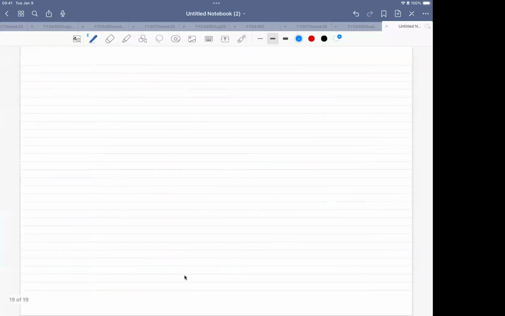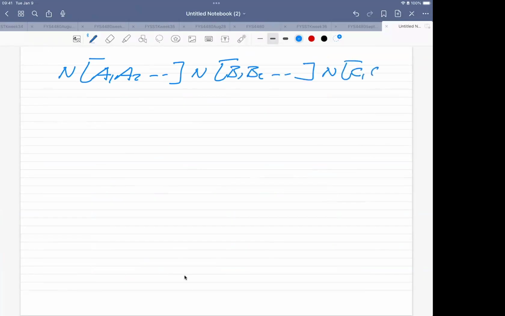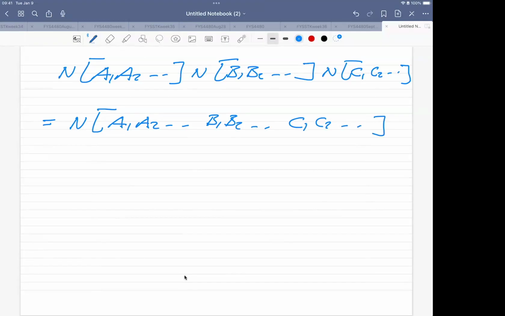So what we are looking at is these products of operators where some of them, a subset of these, are normal ordered. So we have A1, A2 and then a new chain here. So this is now representing an expectation value. This is now A1, A2, B1, B2, and then C1, C2, plus, and the only term which survives here is that we have all contractions between the operators from the different chains.